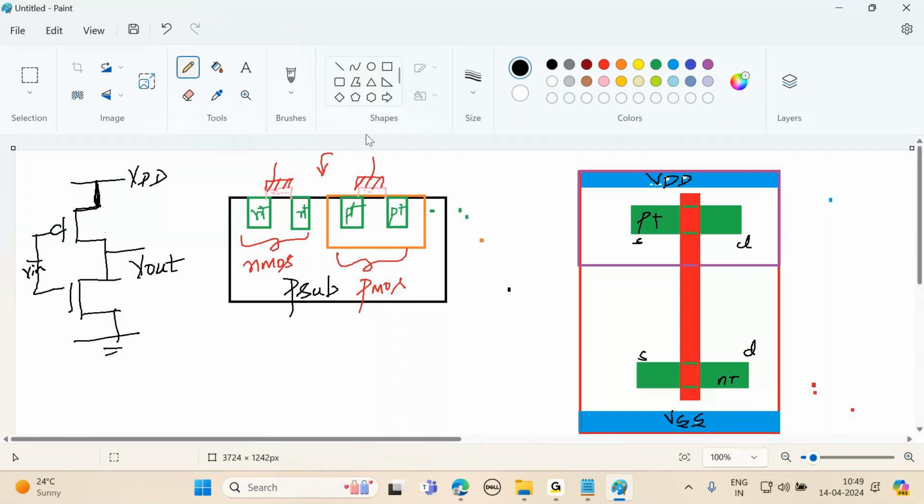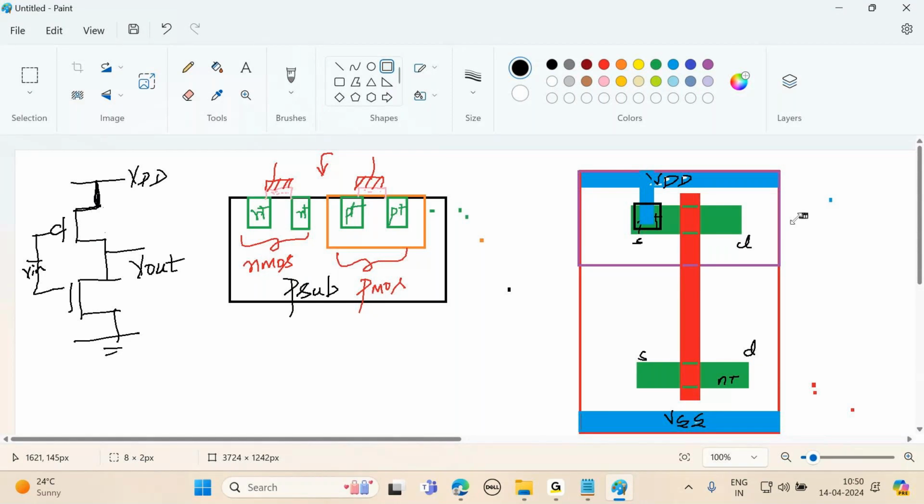So by using metal layer, I will connect like this. Whenever your metal layer is connecting to the semiconductor, a contact cut is formed. So here you have contact cut. Why is there a contact cut?